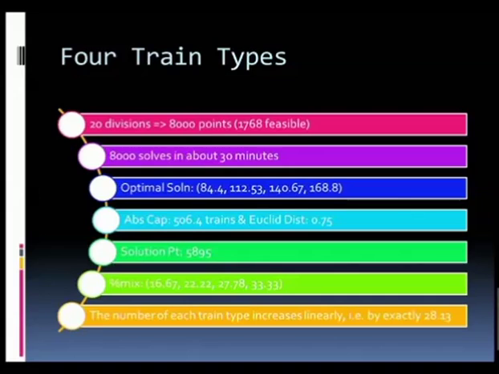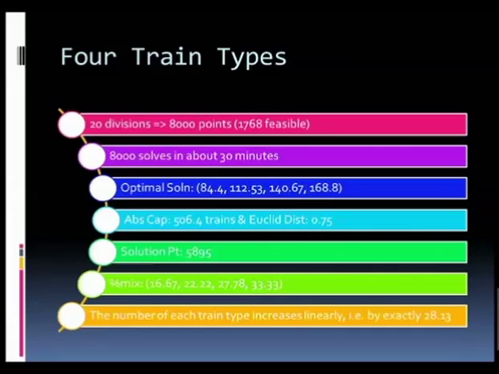So the optimal solution says that you should have around 85 trains of type 1, 112 of type 2, 140 type 3, about 169 of type 4. So overall, the capacity of the system is about 506 trains in the time period that I selected.